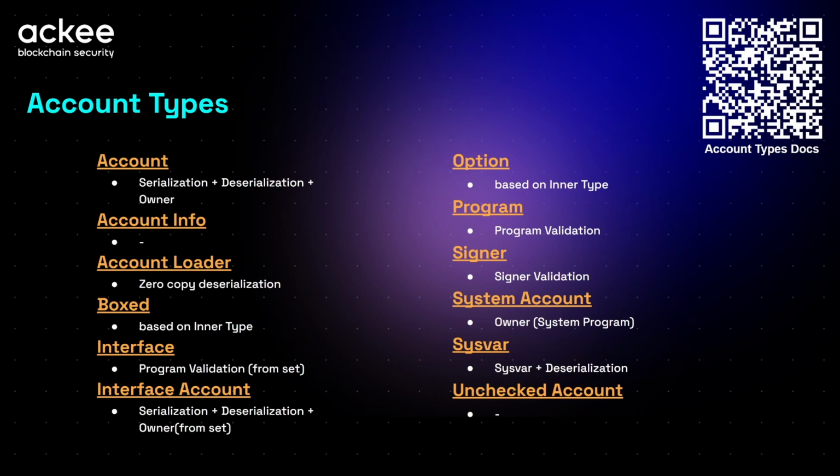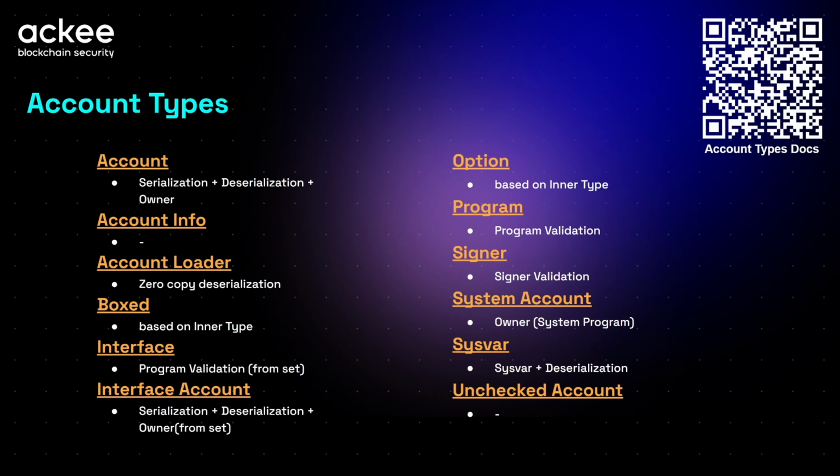So first is Account. I was talking about the account macro in the previous slide. The Account type can perform the serialization and deserialization, actually ensured by the account macro. So that means from the byte array it can be deserialized, then the struct can be serialized back to the byte array. It also checks that the discriminator is correct based on the account type, and then the ownership check is performed.